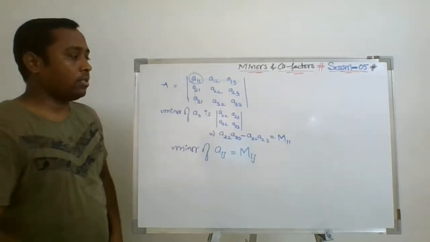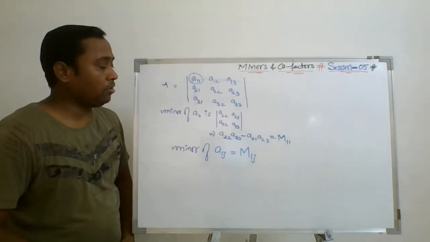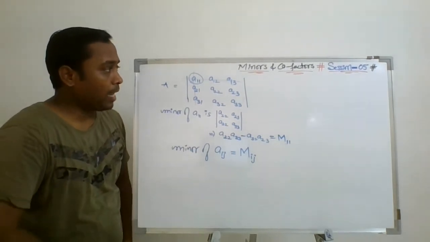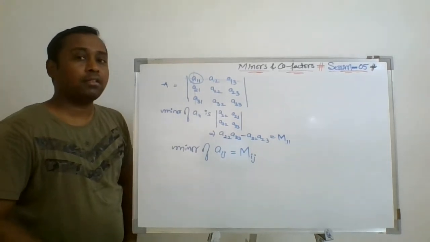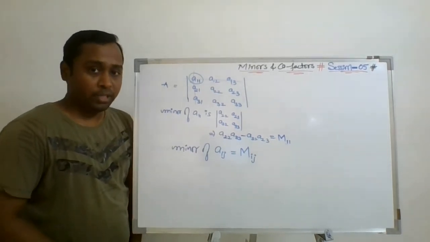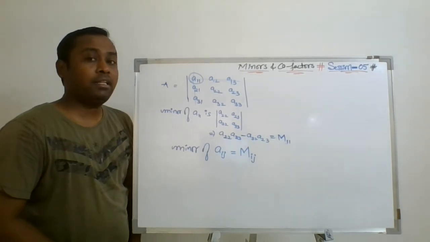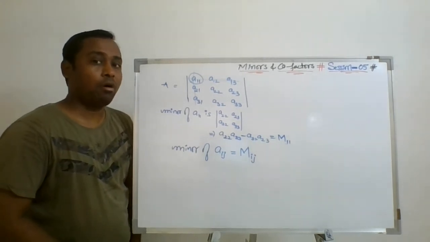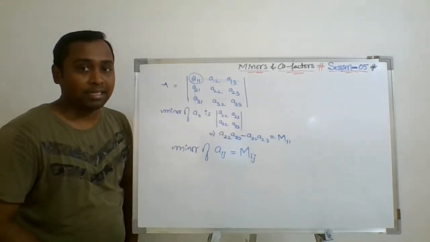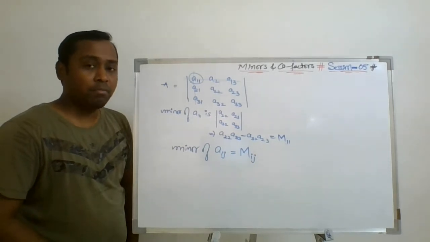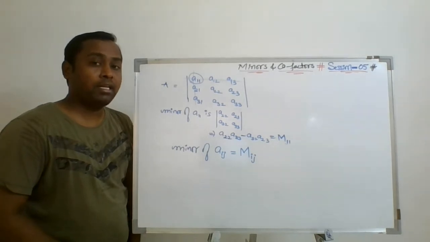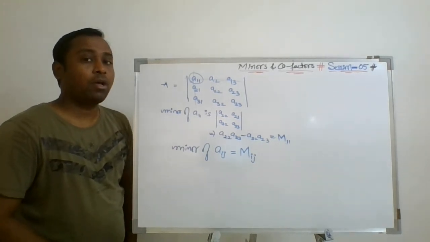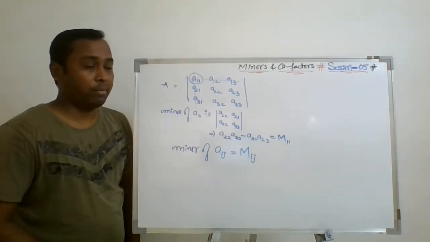Are you getting it? This is a verbal explanation. Now see what I am speaking about. Minor is simply the determinant value obtained by eliminating the row and the column of that particular element. I repeat, it's simply the value of the determinant obtained by eliminating the row and the column of the particular element.